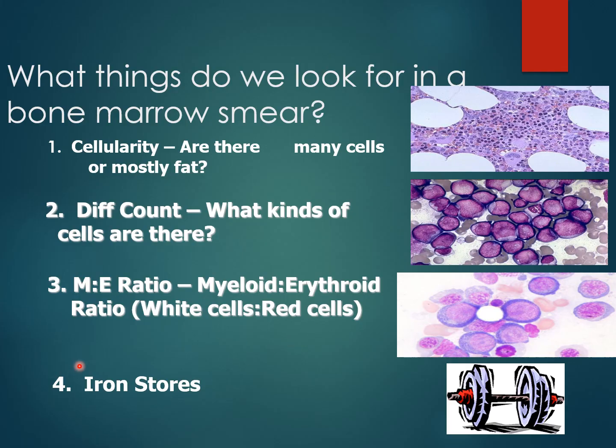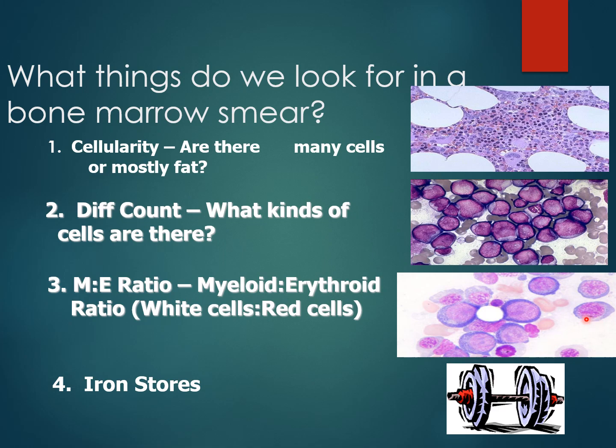And then we're also going to look at iron storage. You're like, iron storage? How the heck do we know iron storage? Can you see iron? Well, yes, you can. Because the long-term storage of iron in the bone marrow is within resident macrophages called siderophages, and they are there residing in the bone marrow, just hanging out.